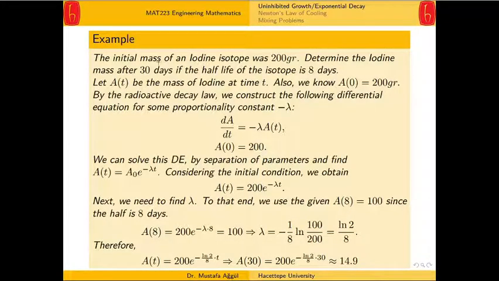The example is: the initial mass of an iodine isotope was 200 grams. Determine the iodine mass after 30 days if the half-life of the isotope is 8 days.